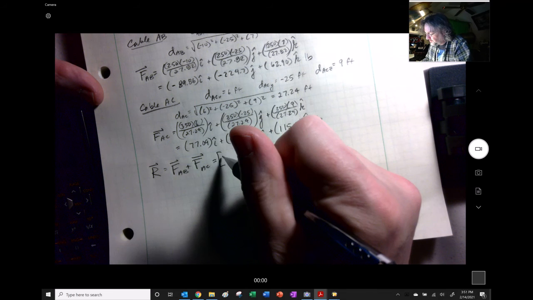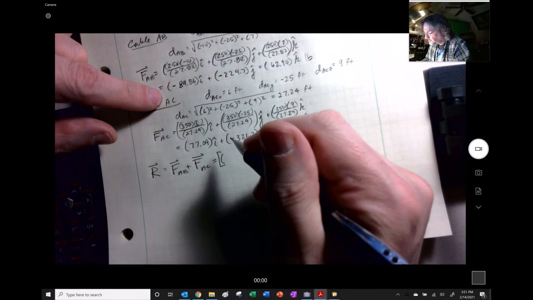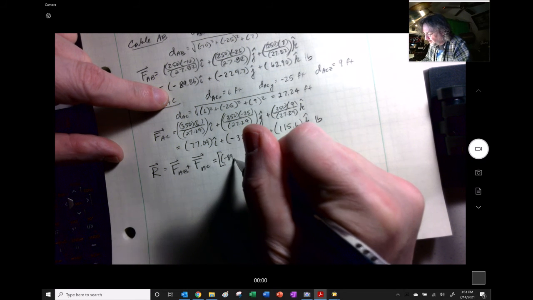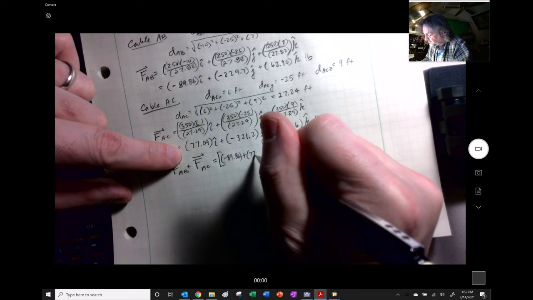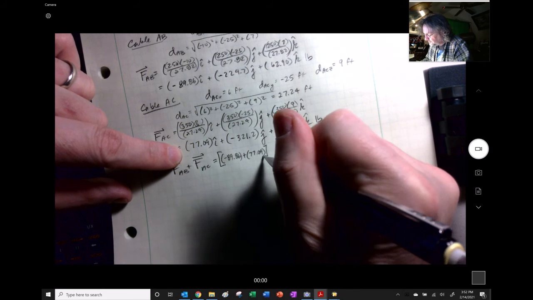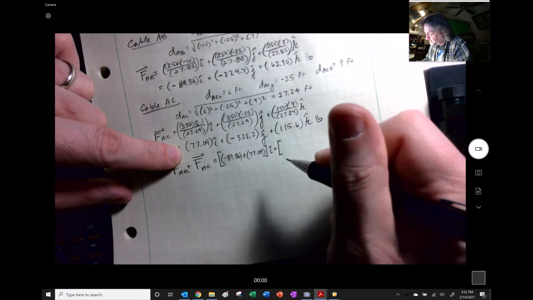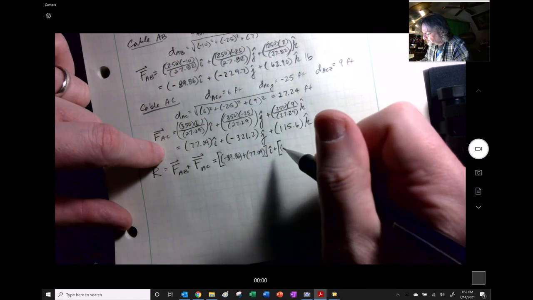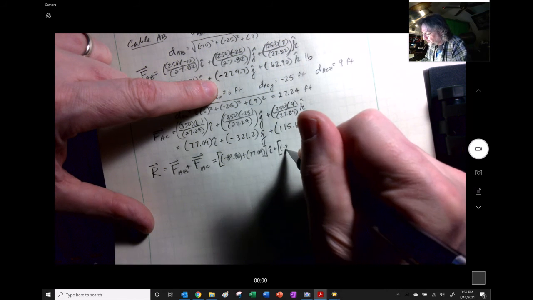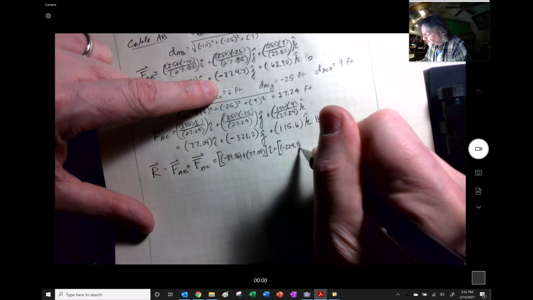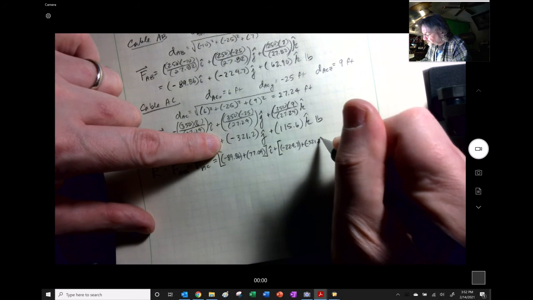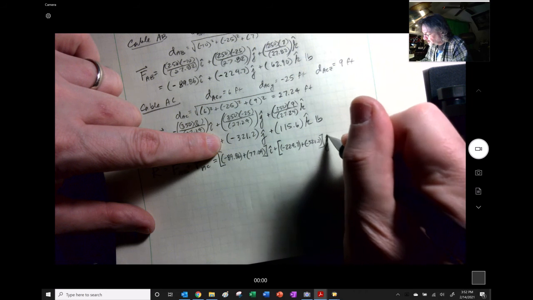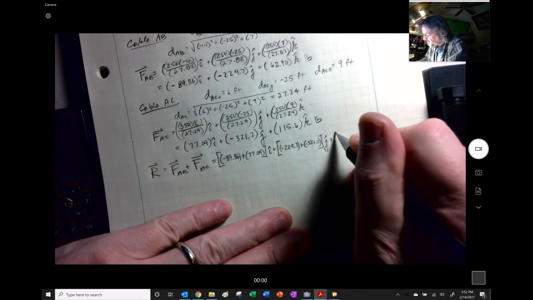So that's going to be negative 89.86 plus 77.09 I, and negative 224.7, negative 321.2 J. I'm going to have to squeeze this.